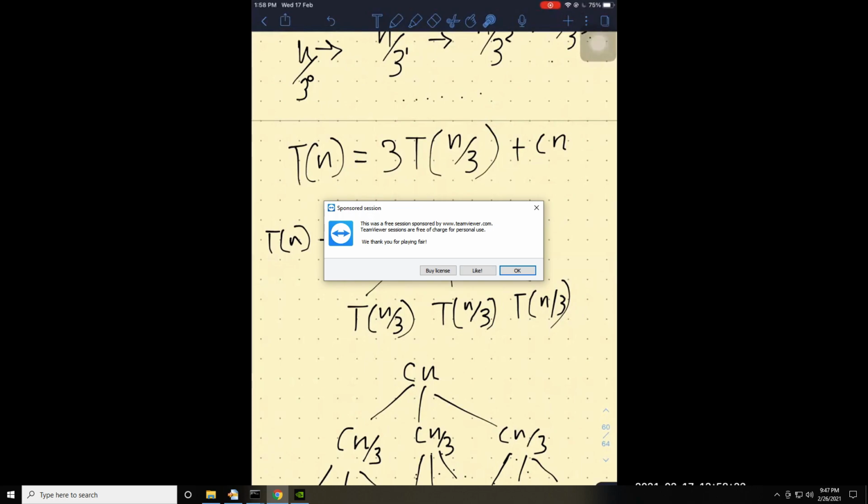Is it clear? Then, for example, instead of n divided by 3, what if you get something like n minus 2 or anything like that? Yeah, then the tree will depend on that function. That will be different. Then you cannot apply Master's theorem directly on this one. Oh, okay, I get you. Yeah, okay.